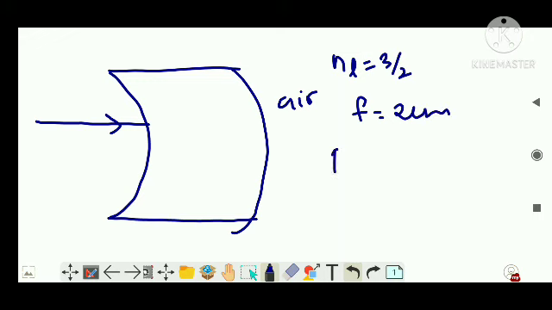And suppose the radius of curvature of any one surface is double the radius of curvature of the other surface, that is given. Clear? This much understood, right?